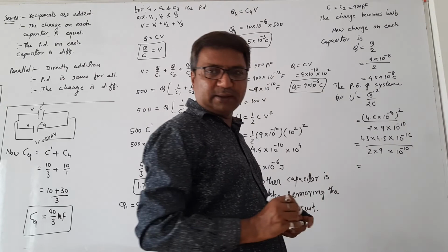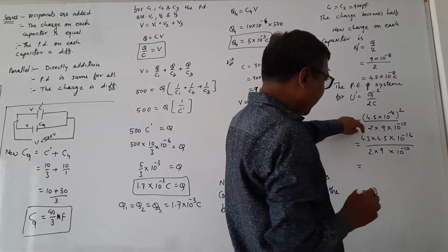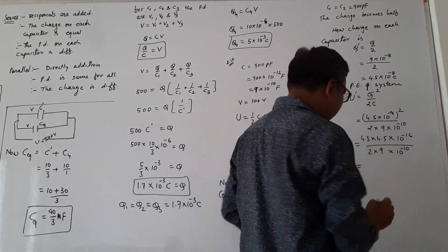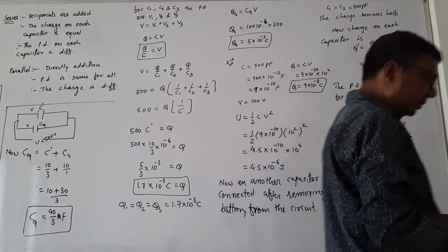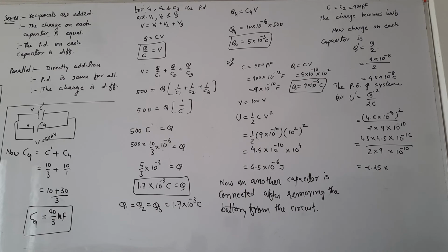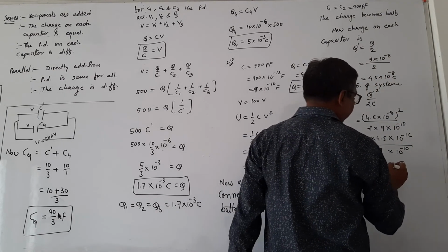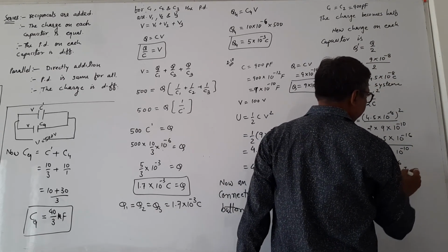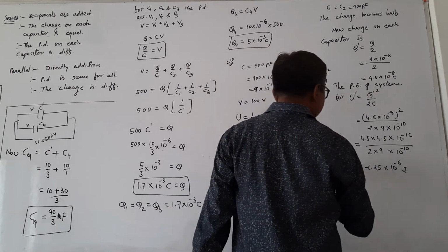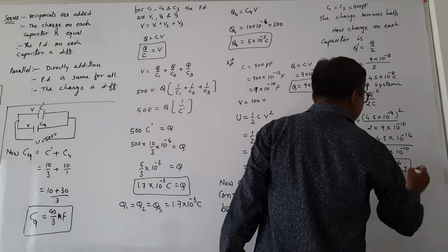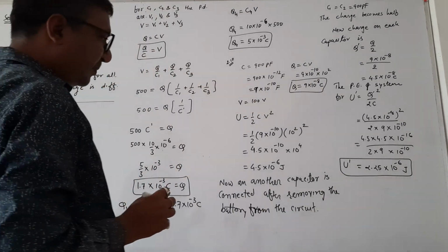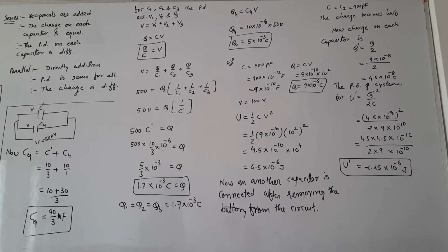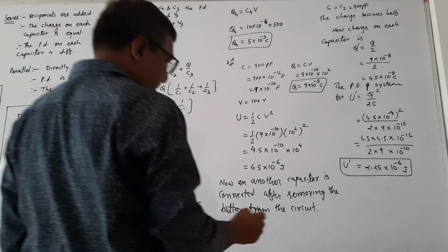So what will happen? 4.5 multiplied by 4.5 divided by 18, you will find 2.25 into 10 raised to minus 6. So this is your U dash. I hope that you can understand this one. And lastly, homework for you guys, try for this one.